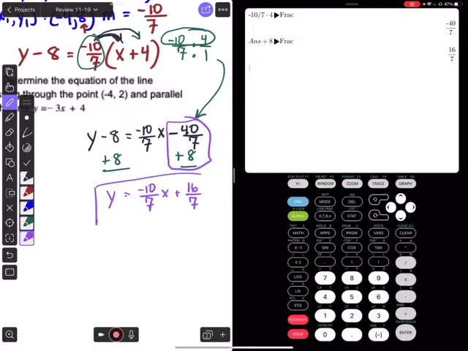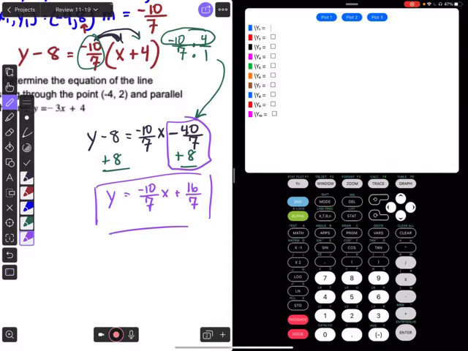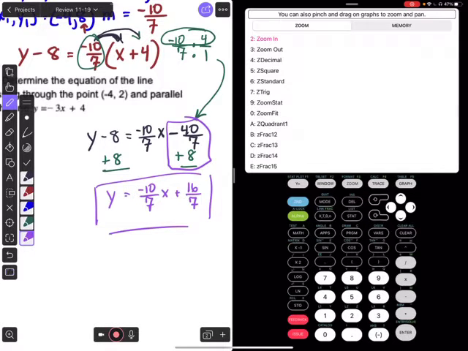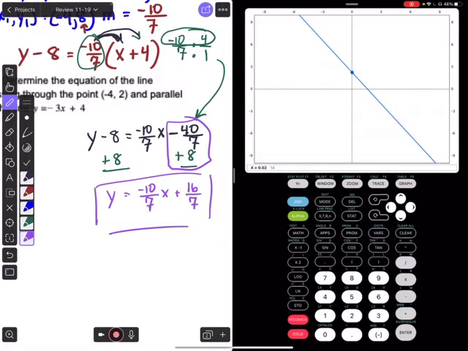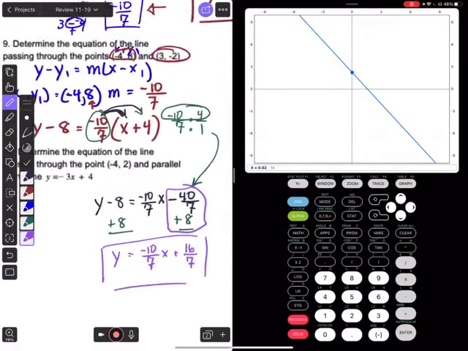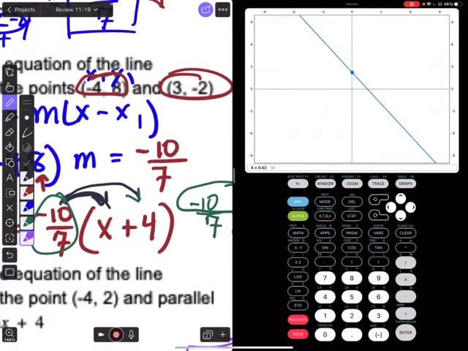Now again, we are going to check this thing really quickly. So I'm going to graph it. I'm going to type in negative 10 divided by 7x. Not divided by 7x, divided by 7 times x. Then plus 16 divided by 7, math, or zoom 6. Let's test one of our points up here. We have the point negative 4, 8.